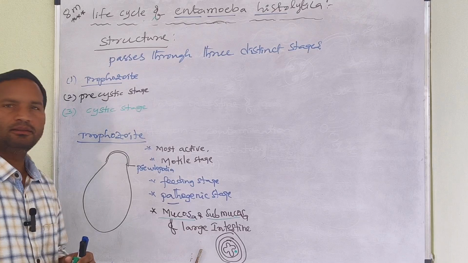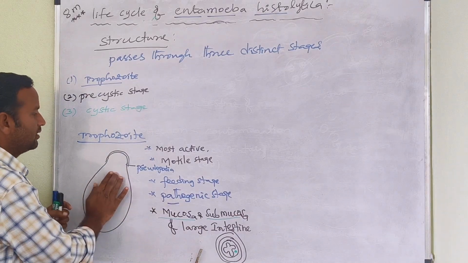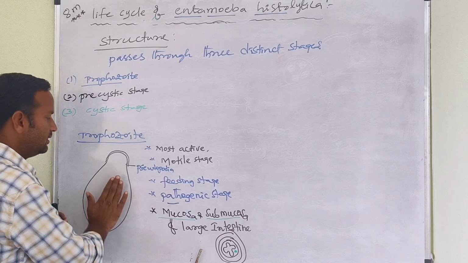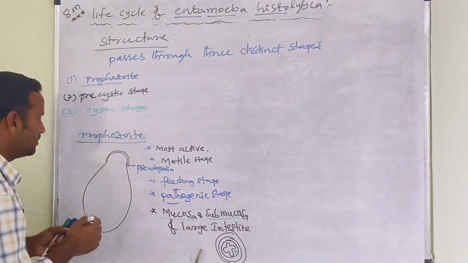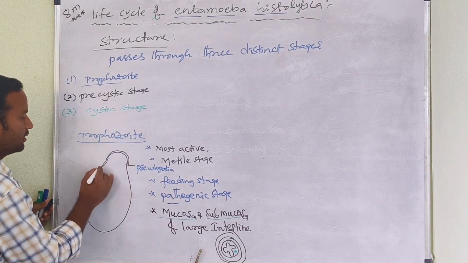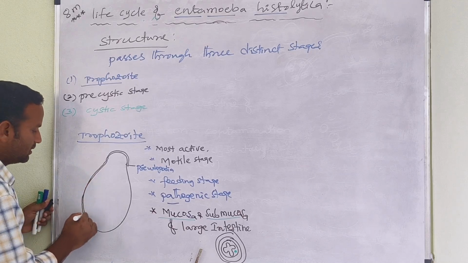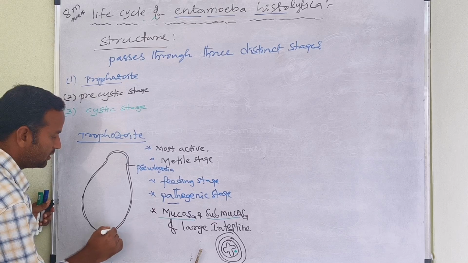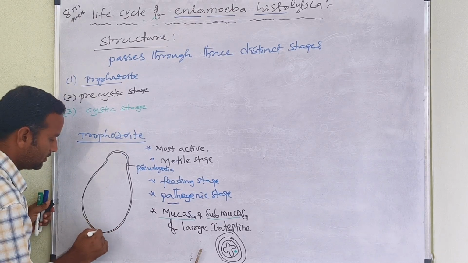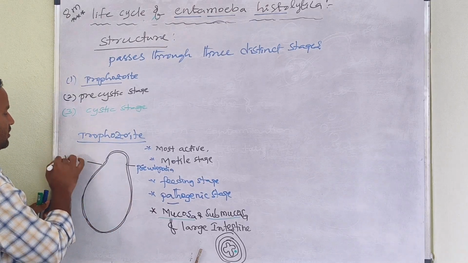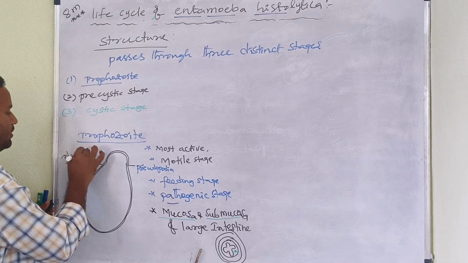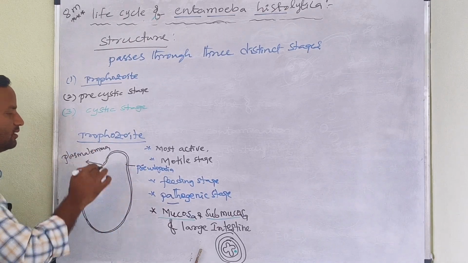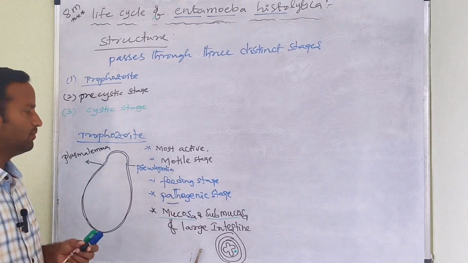The next point. In the trophozoite stage, the body is covered by a membrane called the plasmalemma. Once again, the entire body is covered by a membrane called the plasmalemma.